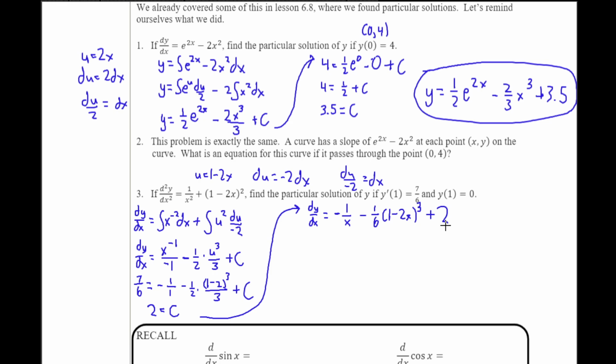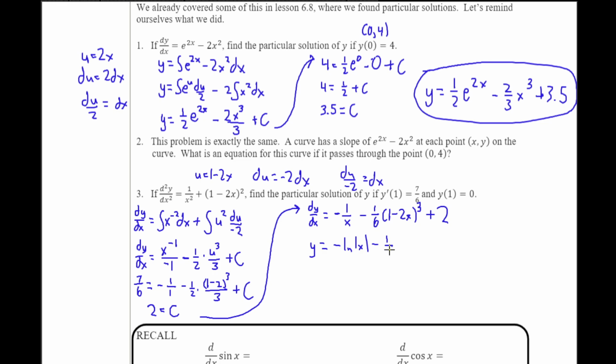So here is where we find the integral again. The integral of the first derivative is y equals the integral of negative 1 over x, which is negative ln absolute value of x, minus. To find this integral, you have to use u substitution again.